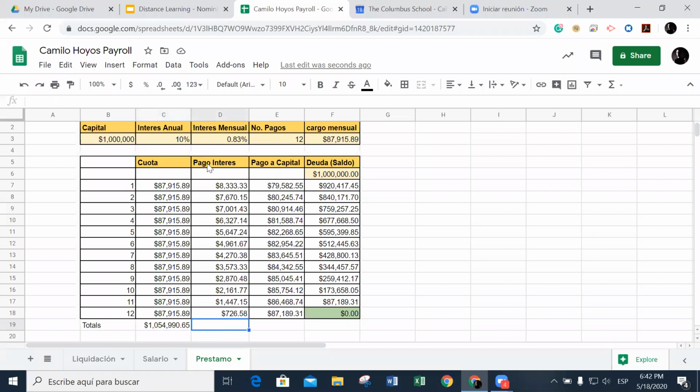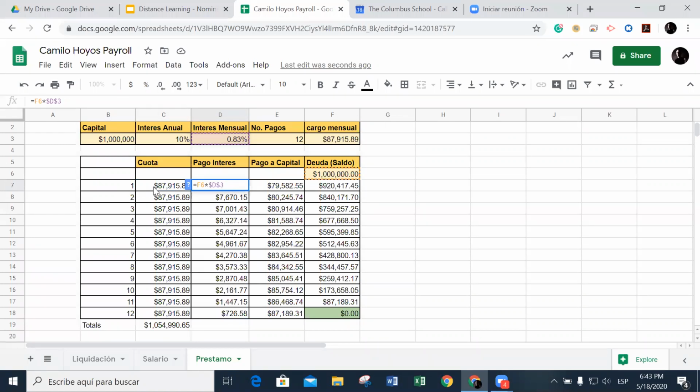Now, let's see how this works. So this person pays you this much. Now, whatever is paid to the interest is right here. Let's see the formula. Let's analyze it. So you have the previous debt, or whatever you owe so far, which in this case, because it is the first payment, is everything, right?